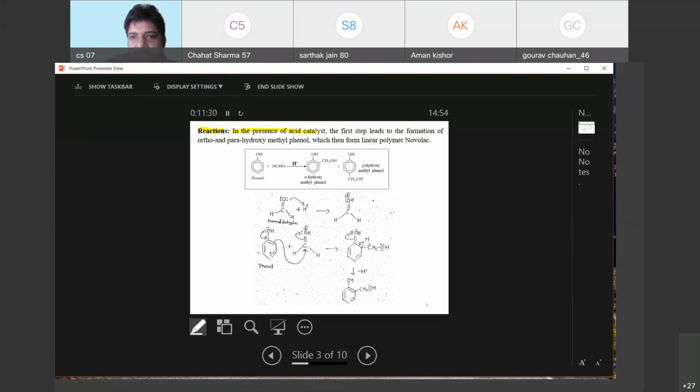In the presence of acid catalyst, first there is formation of ortho and para hydroxymethylphenol.